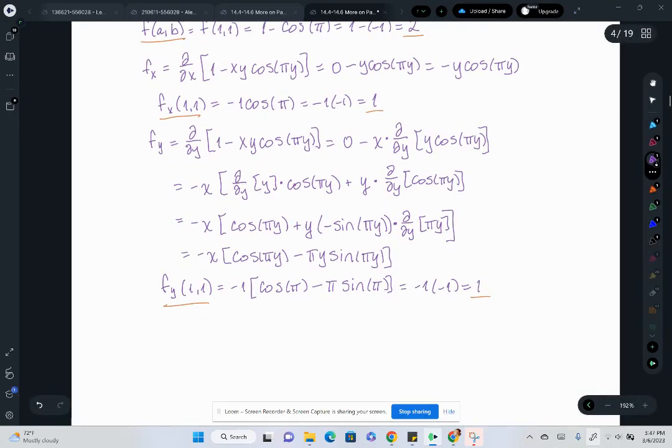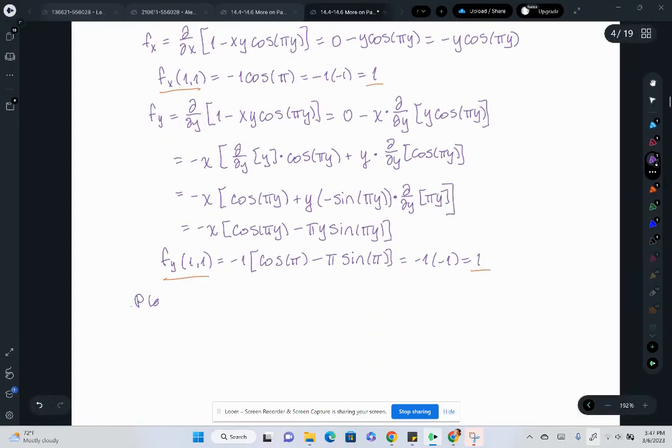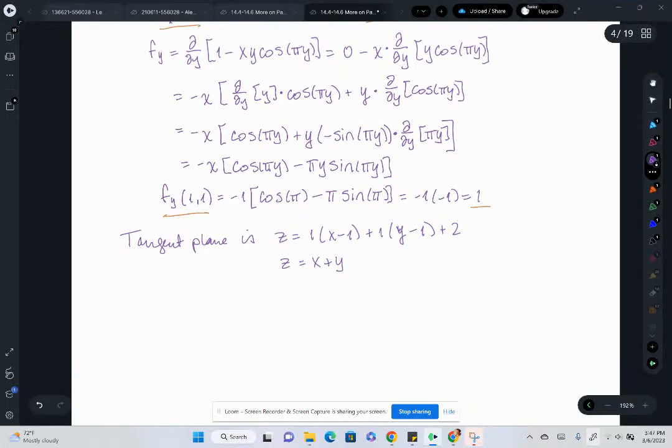So the tangent plane is z equals 1 times x minus 1 plus 1 times y minus 1 plus 2. And this simplifies to be z equals x plus y minus 1 plus 2. Those all go away. So it's just z equals x plus y. Okay, this is the tangent plane.